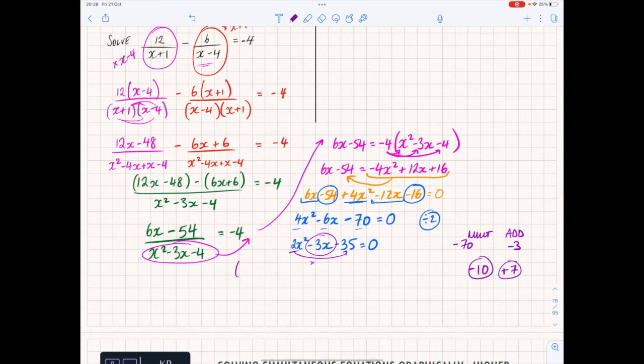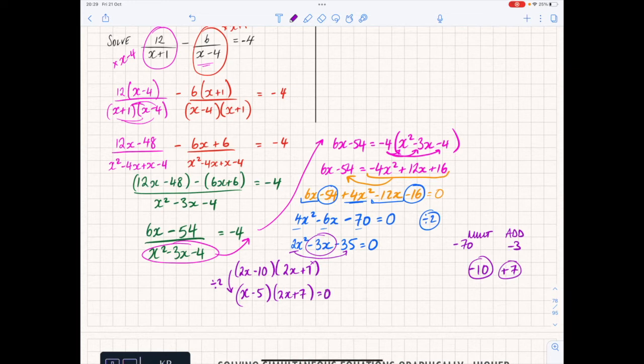So my shortcut for this is I put 2x in both brackets. It becomes minus 10 in one, plus 7 in the other. And this left one here will divide by 2. So it becomes x minus 5, 2x plus 7 equals 0.